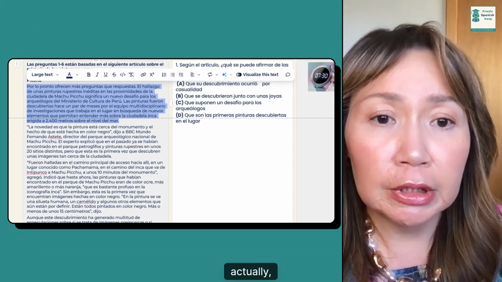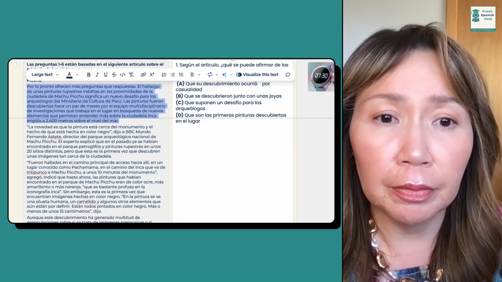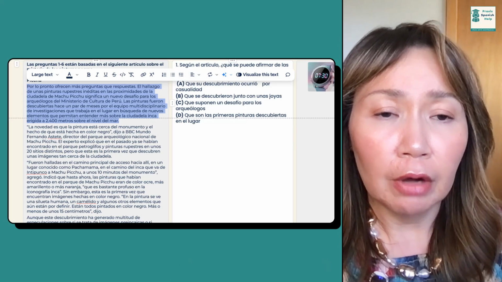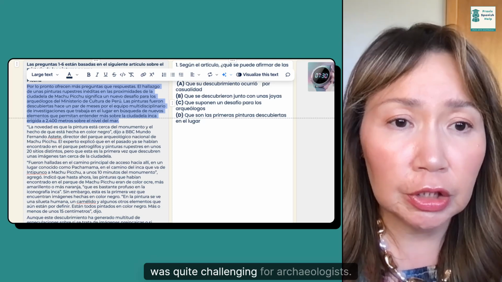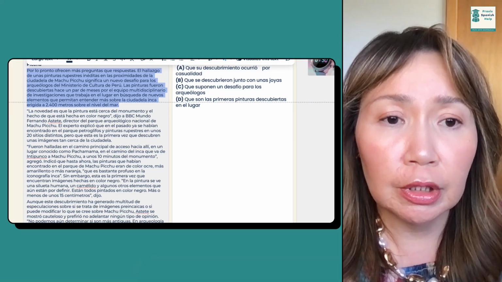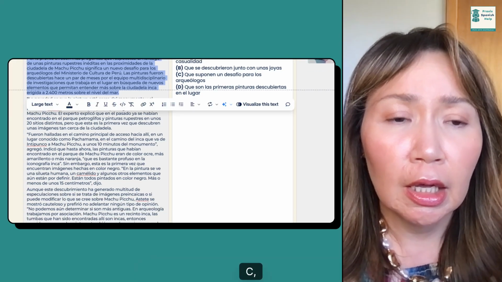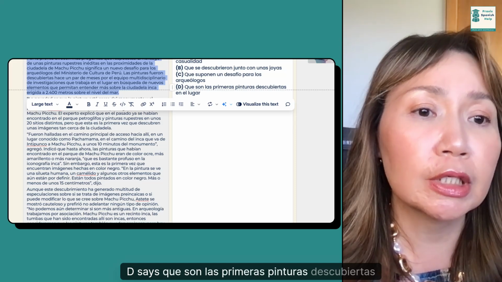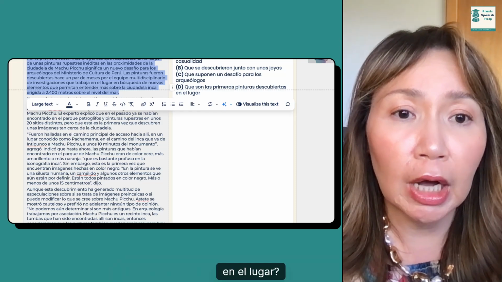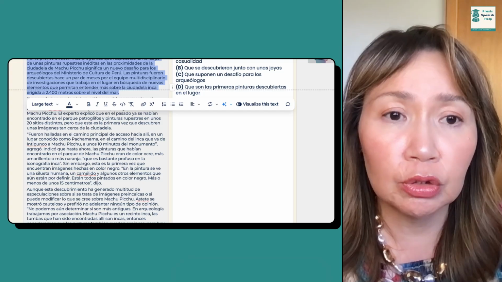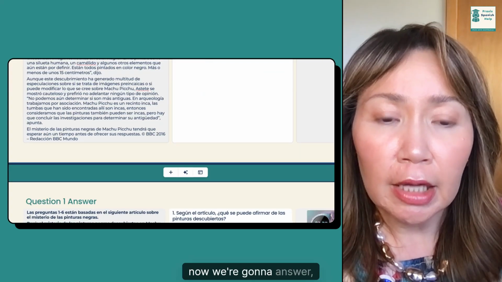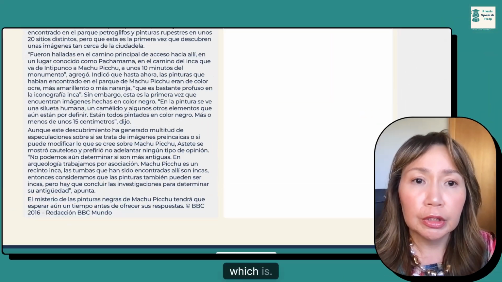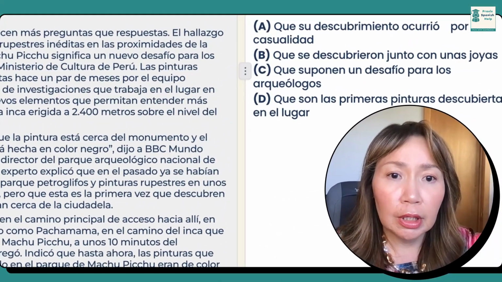Here the text says that the discovery was quite challenging for archaeologists. So the correct answer then is C. And D says que son las primeras pinturas descubiertas en el lugar. It doesn't talk about that. So we know that the correct answer is C, which is que suponen.